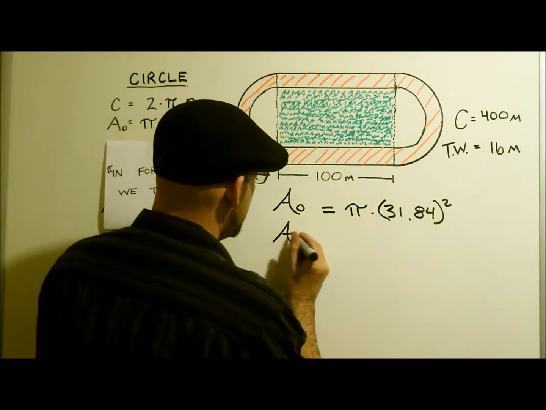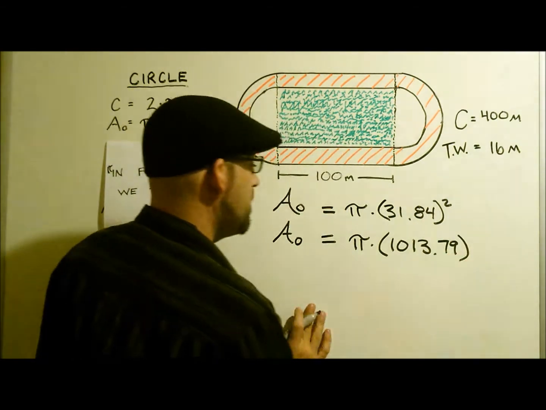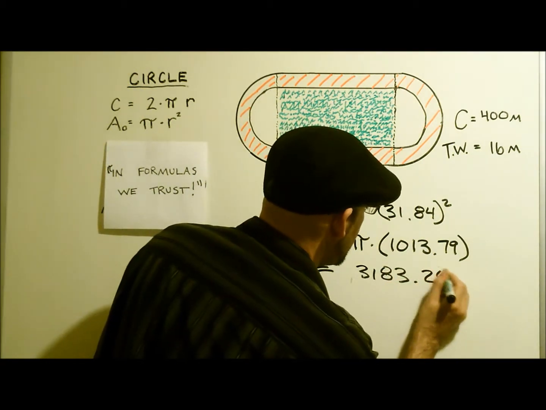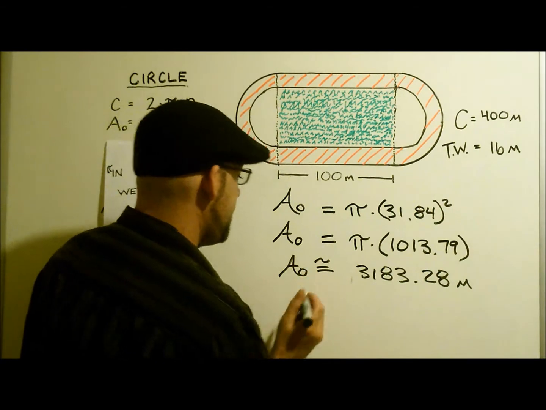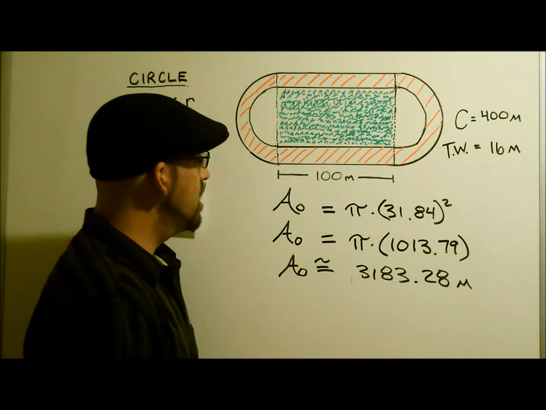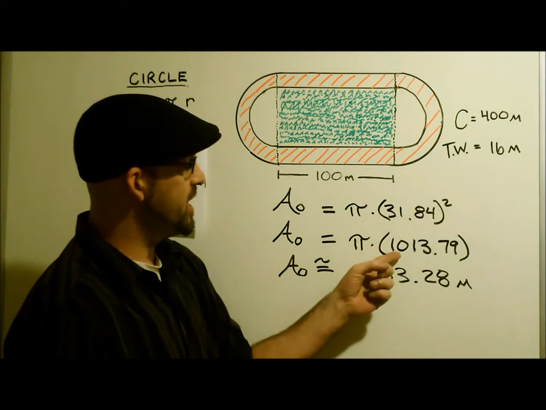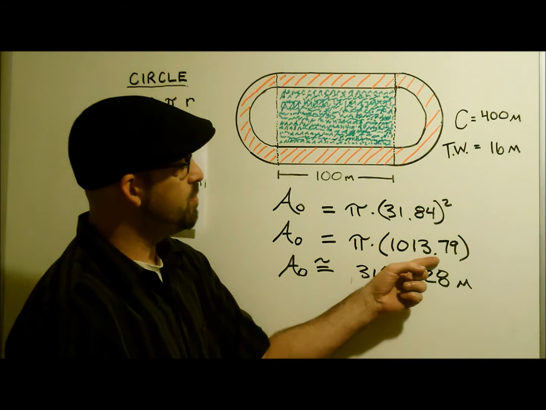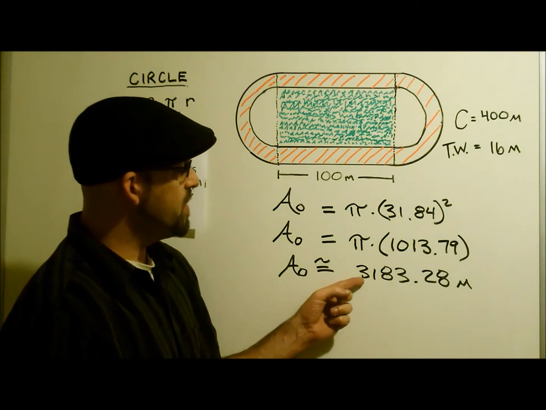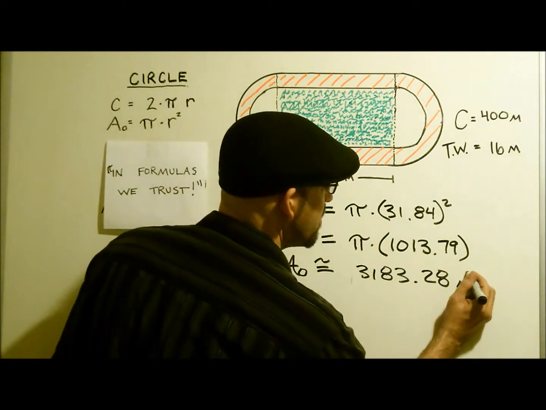Let's work this out. There we have it. We took pi times 31.84, squared it to get 1013.79 times pi to get our 3,183.28 meters squared. Don't forget your square.